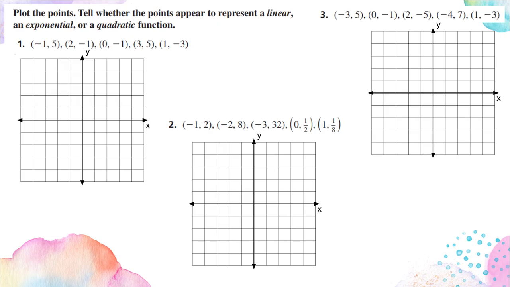Again, plot the points to tell what type of function it is. We have -1 and 5. Let me use the highlighter. We have 2 and -1, 0 and -1, 3 and 5, and 1 and -3.